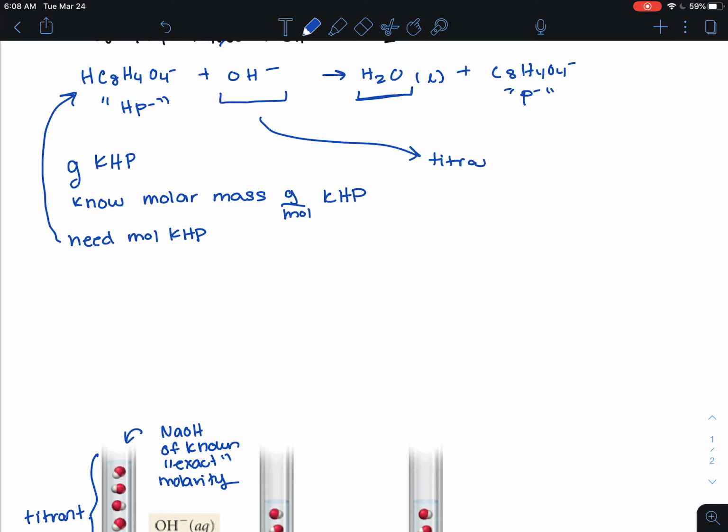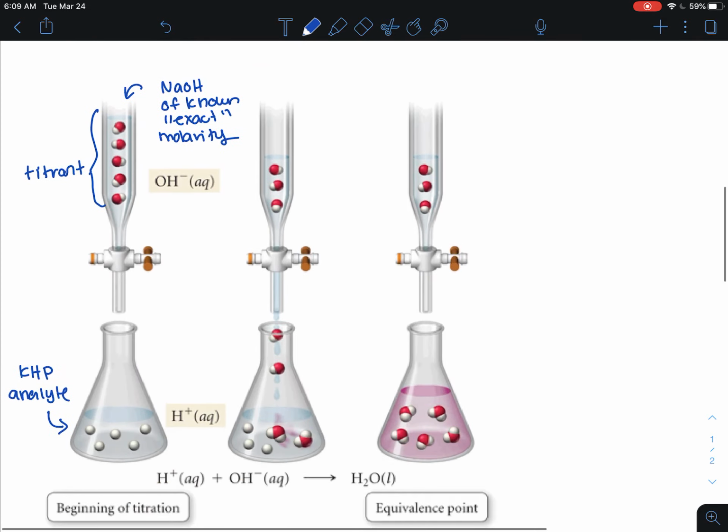But since I don't know what I'm starting with, I am looking for finding the moles of my base from my titration. Since a titration can help you determine the volume needed to form that water to neutralize the reaction, you can then use the volume and molarity to find moles of base to then find moles of acid.